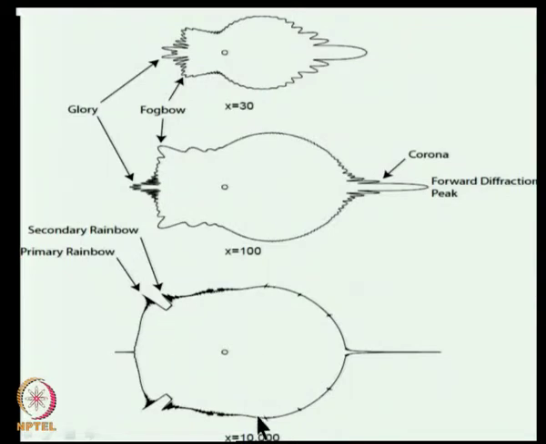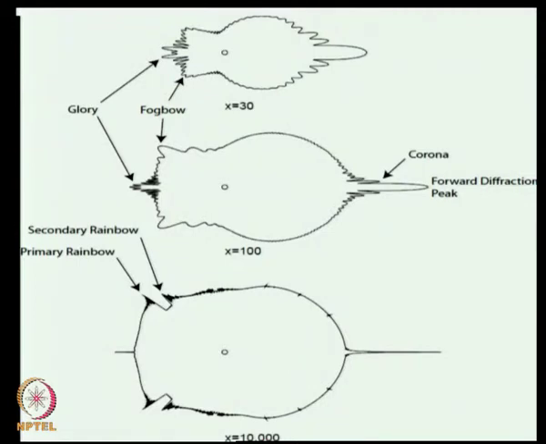And only when the size becomes very large, of the order of 10,000, that is a 1000 micron size particle at a wavelength of around 0.7 micron, you see a distinct high scattering around the primary and secondary features, about 42 degrees and 50 degrees. From this side is backward scattering, which is why the sun has to be behind you for you to see the rainbow.